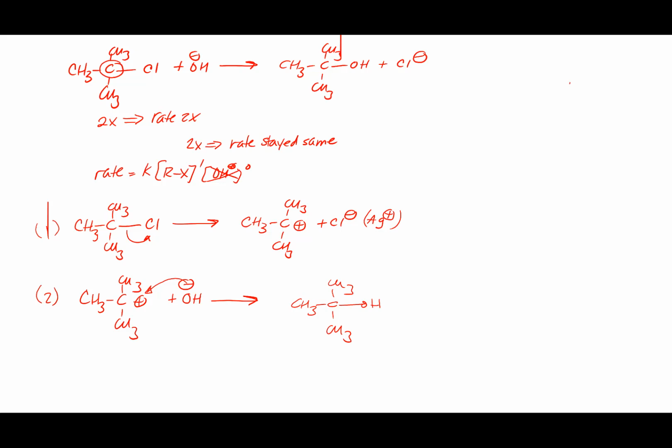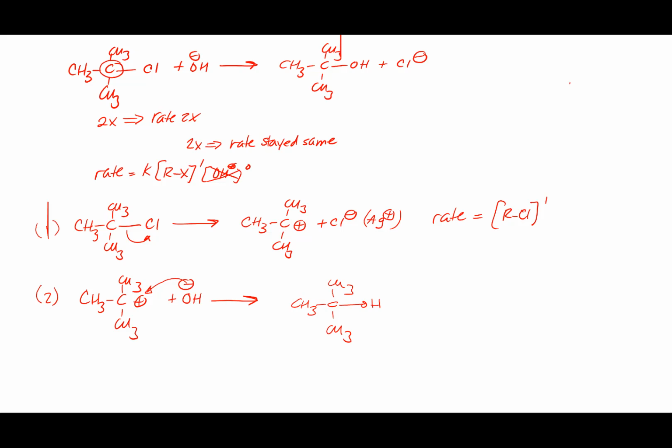And now I can write the rate equations. The rate equation for the first step is rate equals the concentration of the alkyl halide to the first power, because that's all the reactants there are. The rate equation for the second reaction is going to involve some substitution, because you'd have the rate of the hydroxide concentration times the rate of the C+ species, and then you'd have to say, well, where did the C+ species come from?